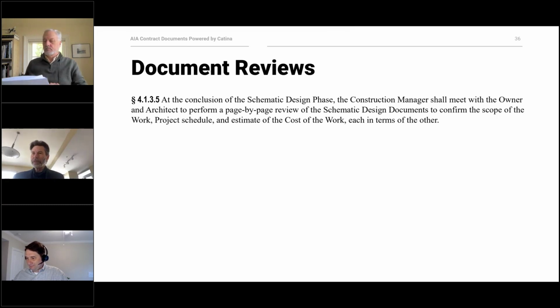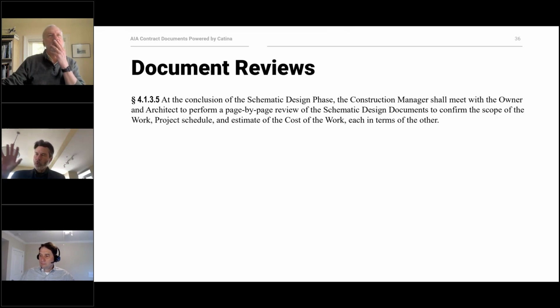You can do these reviews electronically, but together, working through and having a good understanding of what the overall process is, and there's nothing better to do that than go page by page with regard to the evolving design. So this happens to be the schematic design documents, but that process works its way through the entire design phases.